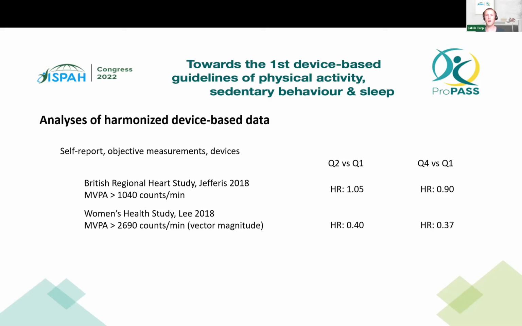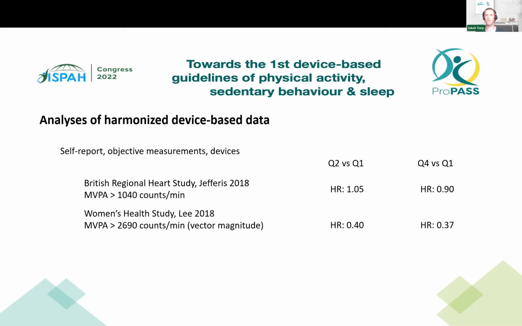For example, there are a range of different post-processing decisions that impact the absolute levels of physical activity recorded by these devices. And that may or may not impact the dose-response relationships with health outcomes.